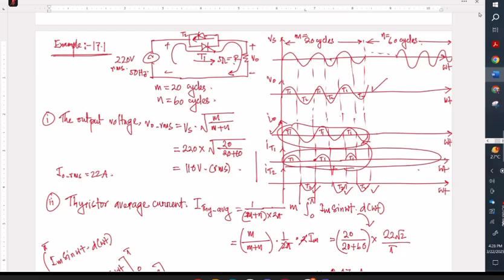So if you do the Fourier analysis, will you get only the fundamental components, or will it have the higher frequency components as well? Yeah, but if you do the Fourier analysis, you will find that your output waveform will not have only the fundamental components, rather it will have fundamental components and the high frequency components as well.